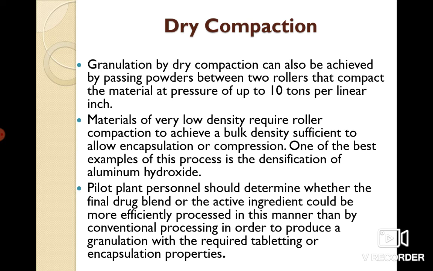One of the best examples of this process is the densification of aluminum hydroxide. In this operation, the pilot plant personnel should determine whether the final drug blend or the active ingredient could be more efficiently processed in this manner than by conventional processing in order to produce a granulation with the required tableting or encapsulation properties.